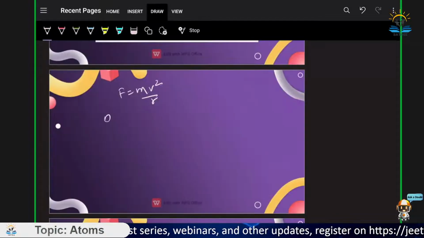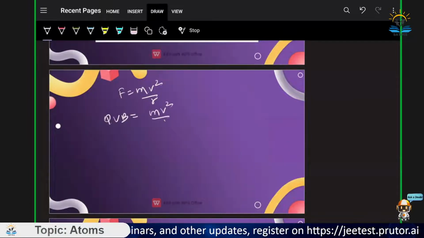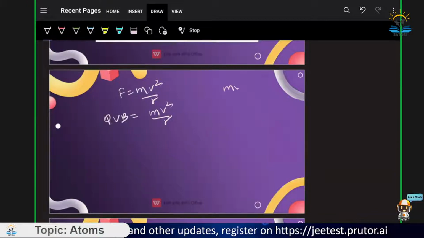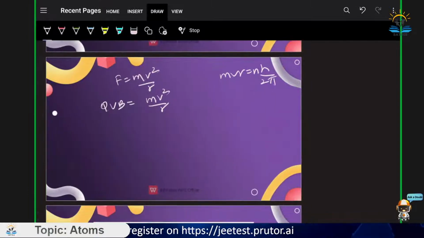Yes, QVB, because the magnetic field exists there. So mv square by r equals QVB. And we know that angular momentum is quantized. From this we will get the equation for r: r equal to mv by QB.